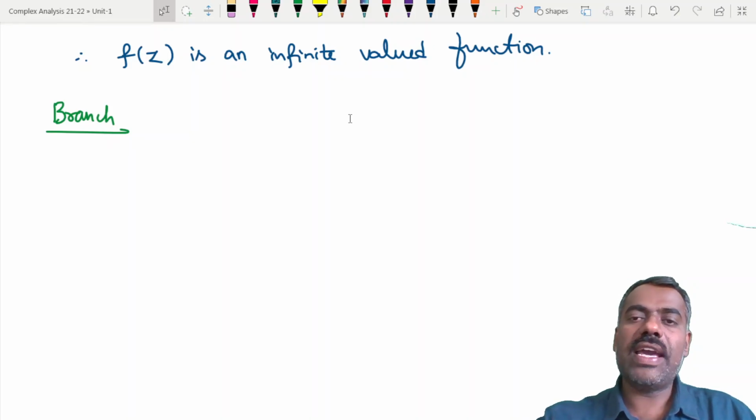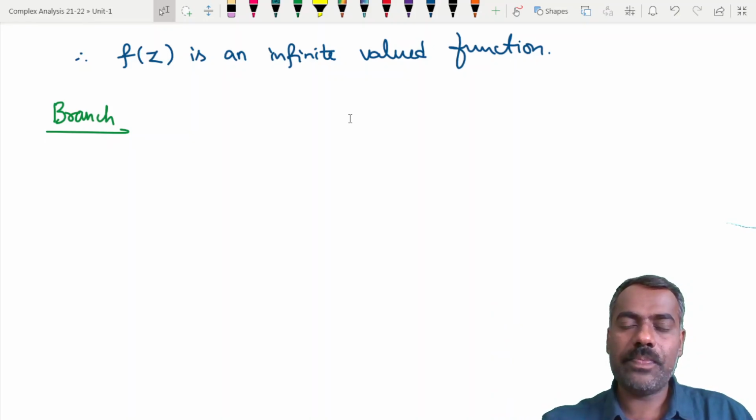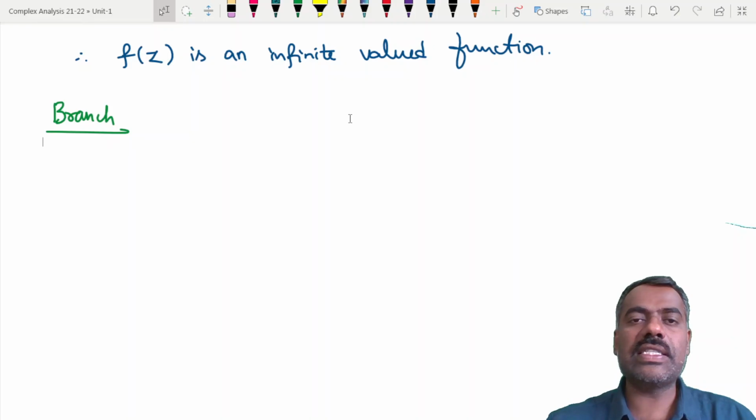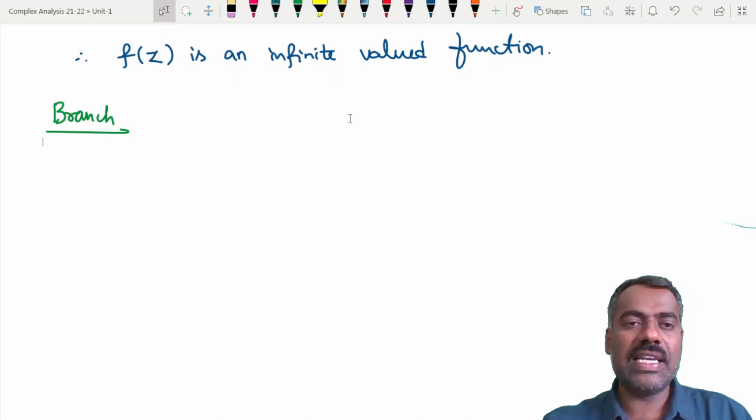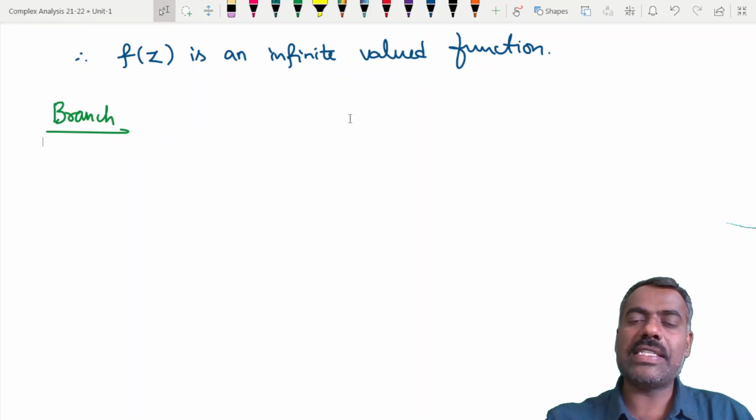So whatever multi-valued function is there, from that you will get single valued functions which are called branches. Then what is meant by a branch point? A branch point is common to all branches, or from that place you can go from one branch to the other branch by means of rotation.